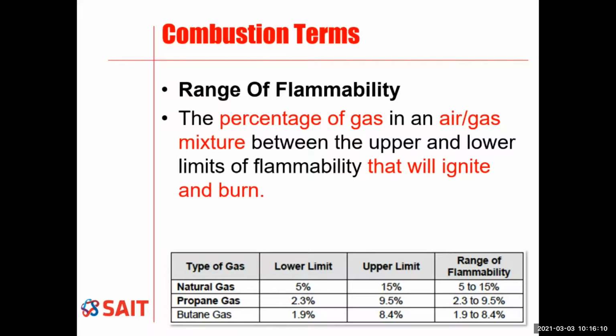Anywhere between 5 and 15% air gas mixture, you can have combustion. Anything below that, you won't. Anything above that, you won't. So we need to maintain that range of flammability when we're burning these gases. That's the upper explosive limit and lower explosive limit.